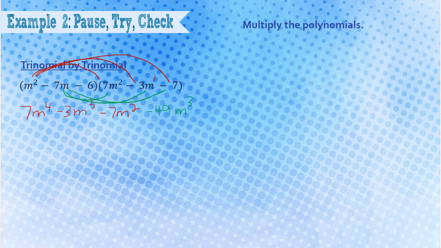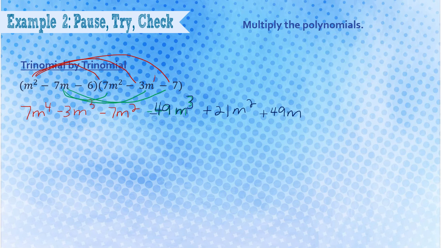I'm going to switch colors here because we can't really see that very well. And then negative 7m times negative 3m is going to give me a positive, since there's two negatives, so positive 21m squared. And then negative 7m times negative 7 is going to give me a positive 49m.